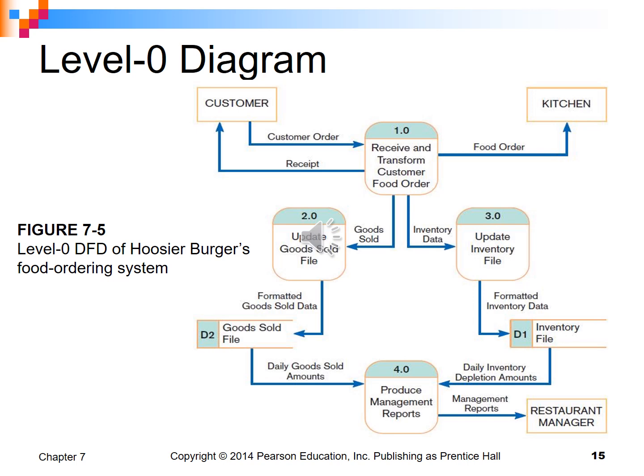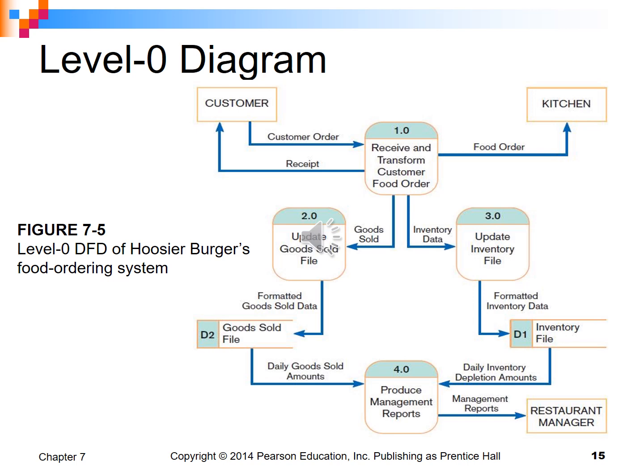Here we have 4 pieces and actually another 2 databases. The first piece is 1.0, receive and transform customer food order. Then 2.0, update goods sold. 3.0, update inventory file.